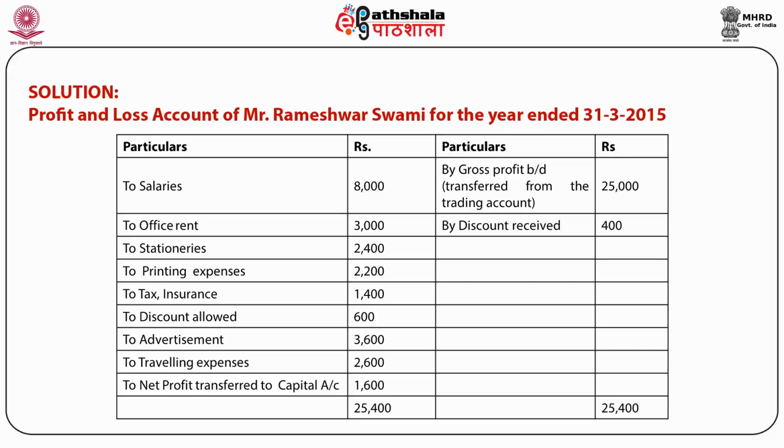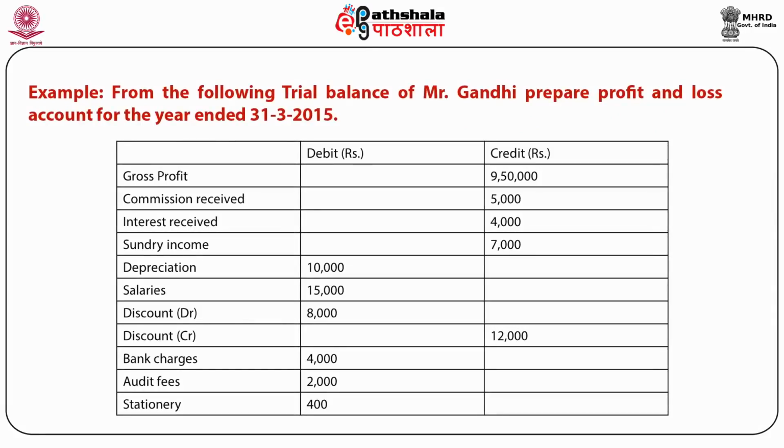The capital account will be credited with this net profit. So, with the help of preparing the profit and loss account, a firm can judge whether it is earning profits or losses. The profit and loss account is also made clear with the help of another example.